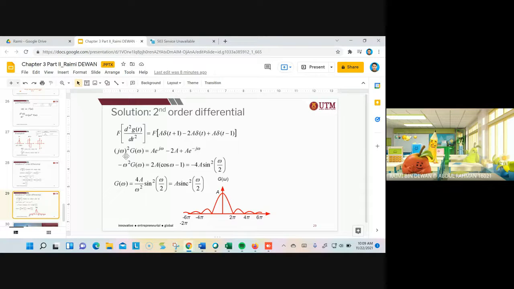If you have j omega squared, what happens to the j if we square it?